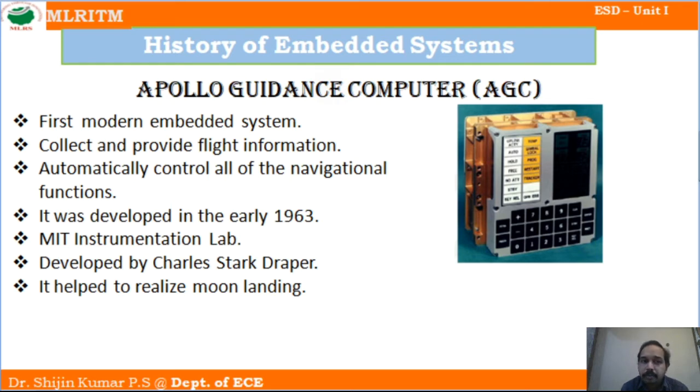The team leader for its development was Charles Stark Draper, the chief scientist. This was a combined work of alumni students and staff of MIT. They worked together to develop this Apollo guidance computer.